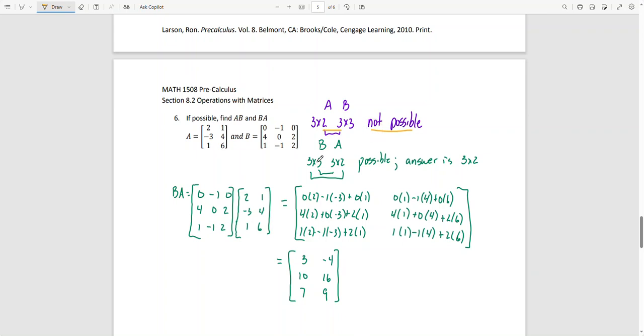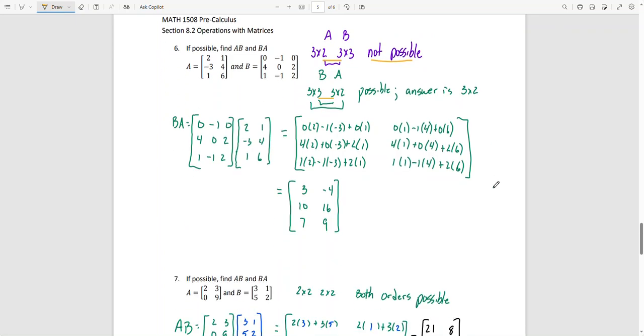B times A. B is a 3 by 3. A is a 3 by 2. This tells us that it's possible, and our answer is a 3 by 2 matrix. So we know exactly what to expect. So how I'm multiplying this is I'm going to take this first row and multiply it by this first column.